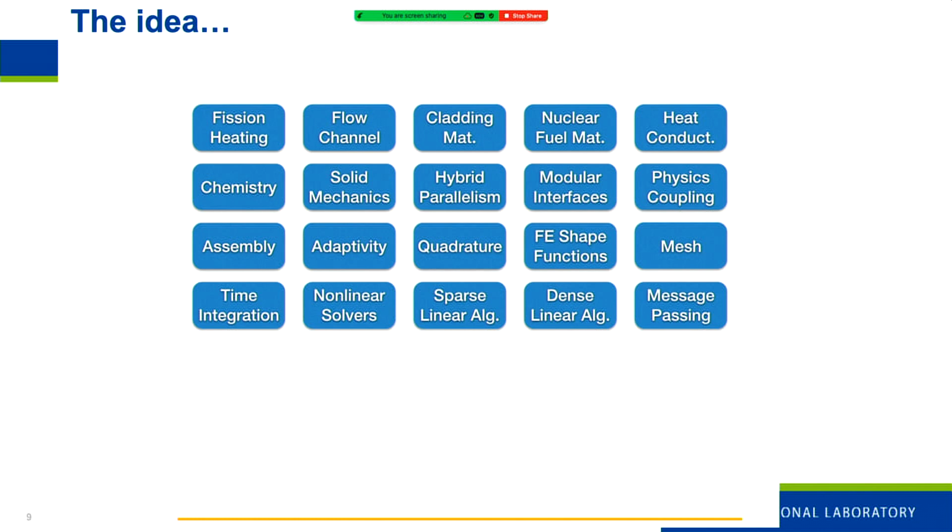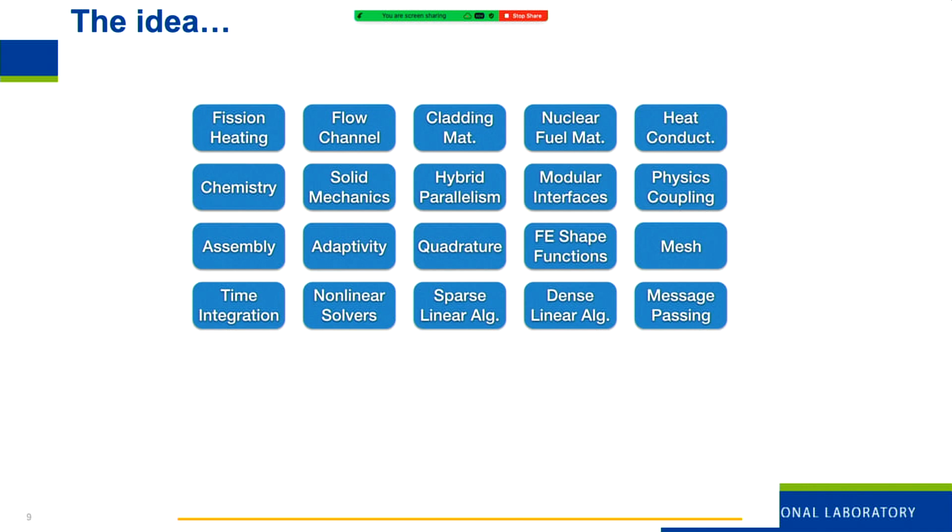The idea here is that if you're trying to make a new simulation tool, in this case to simulate nuclear fuel, what are the things that you would need? You'd need all those physics at the top: chemistry, solid mechanics. You'd need a lot of numerical support like parallelism, physics coupling, how to assemble matrices and vectors, how to evaluate finite element shape functions, do time integration, solvers, and even all the way down to message passing.